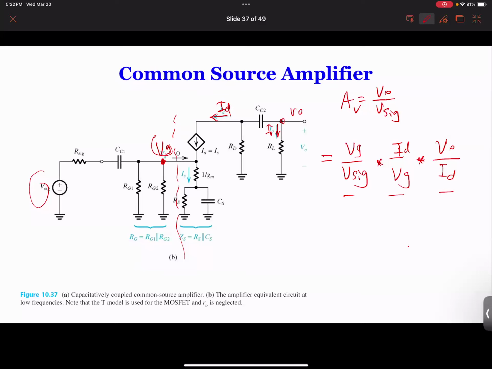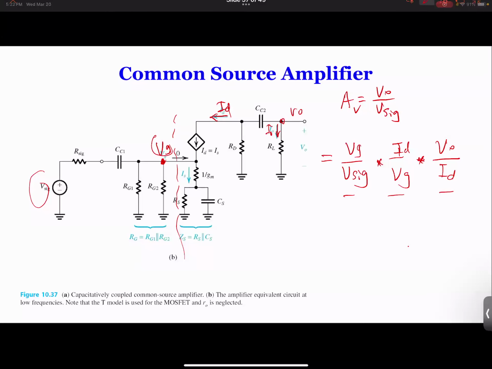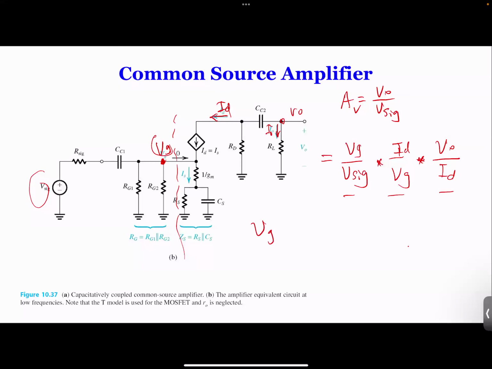So eventually you can write VG as a function of VSIG divided by RSIG plus 1 over SCC1 plus this RG. RG is the combination of RG1 and RG2 in parallel. We get this, and then multiply by RG.